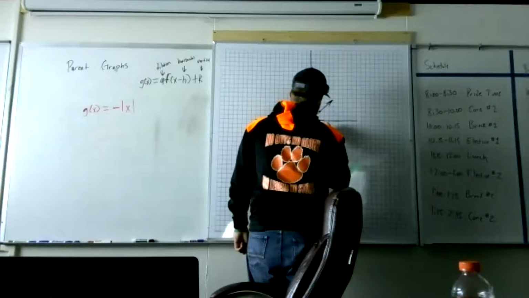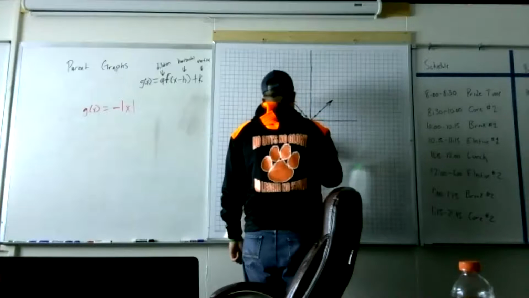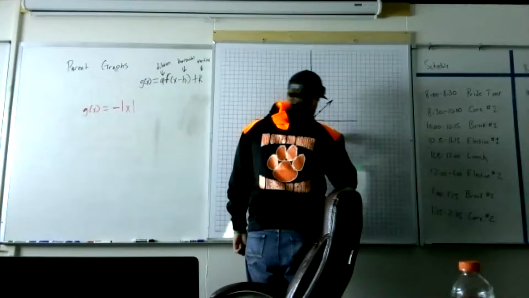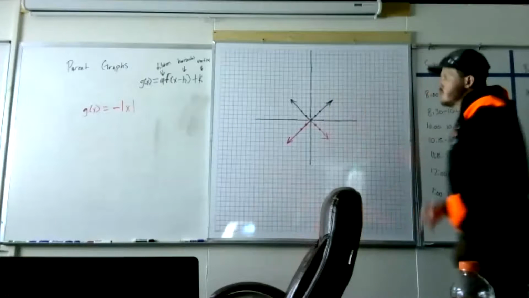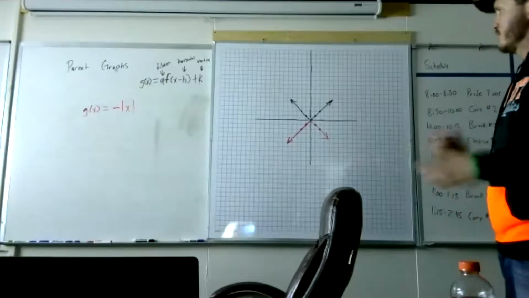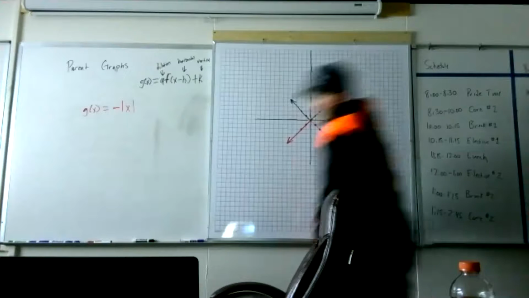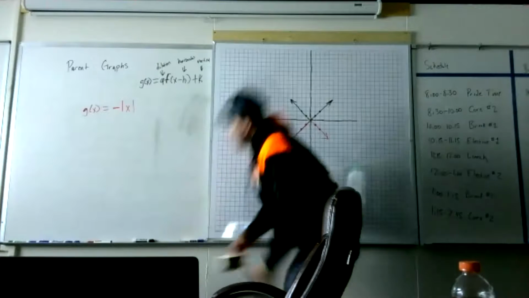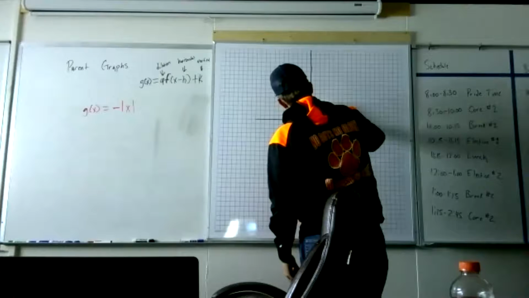So our graph is going to have the same slope, but instead of pointing up, it's going to be pointing down. Okay, and that's true for all of your parabolic functions and your linear functions. And you can see that, and I'll do the linear function.